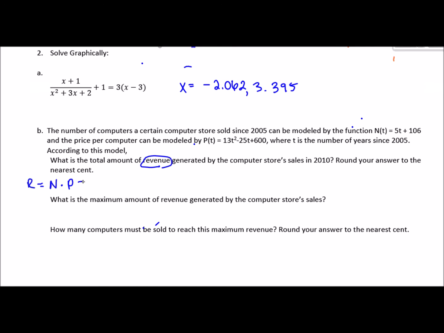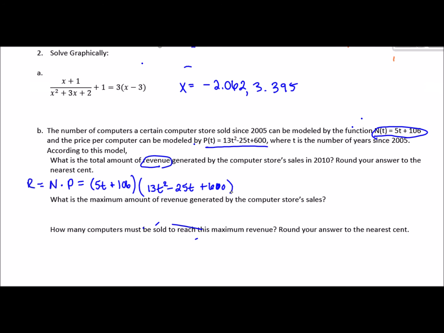Unfortunately, in this case, we're given functions. So here's my n. And then here's my p. Sorry, having a hard time seeing.